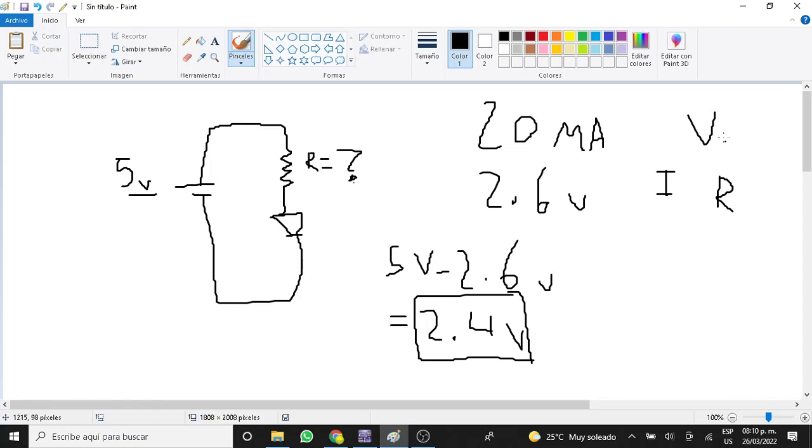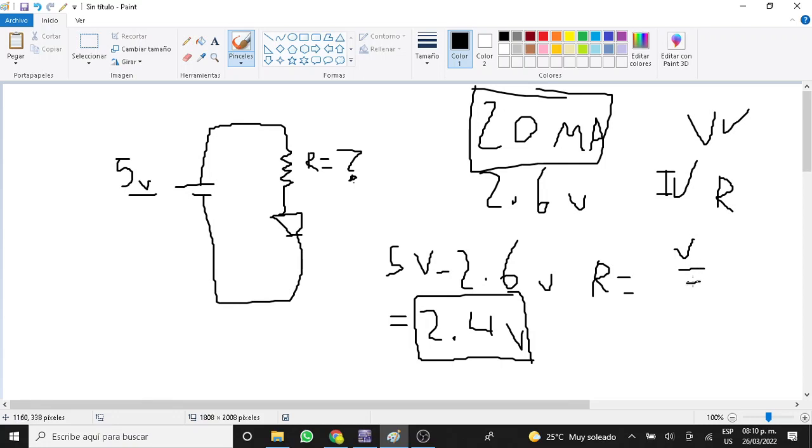Now we know the voltage, and also we know the current, 20 milliamps. The law of Ohm says for resistors, the resistance is equal to voltage divided by current.